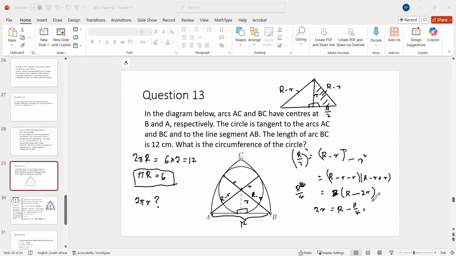That's R minus, a quarter of it, which is 3/4 of R. And we are looking for 2 pi r. So all you have to do is multiply this by pi. Multiply both sides by pi, and you have 3 pi R over 4. And we saw that pi R is 6, you see. So this is 3 times.